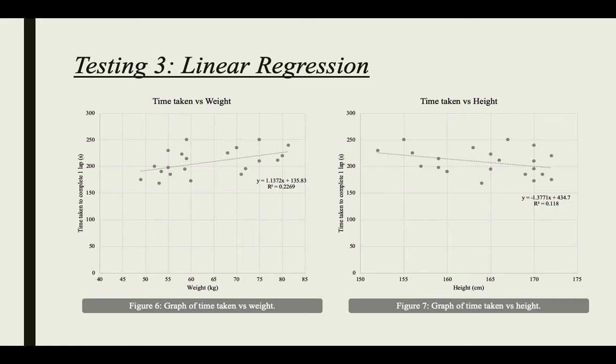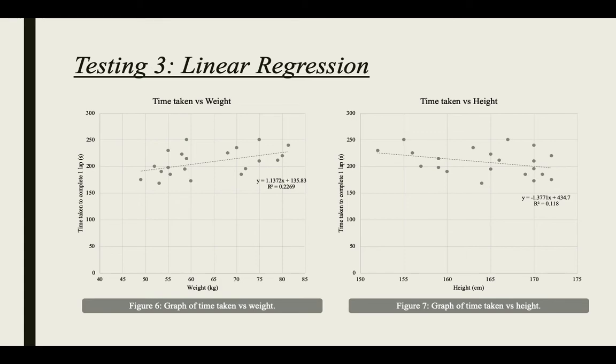We have linear regression testing. So for linear regression testing, we have time taken versus weight and time taken versus height. So for time taken versus weight, we have a positive trend line, as we have the equation y equals 1.1372x plus 135.83, which is the slope is positive.